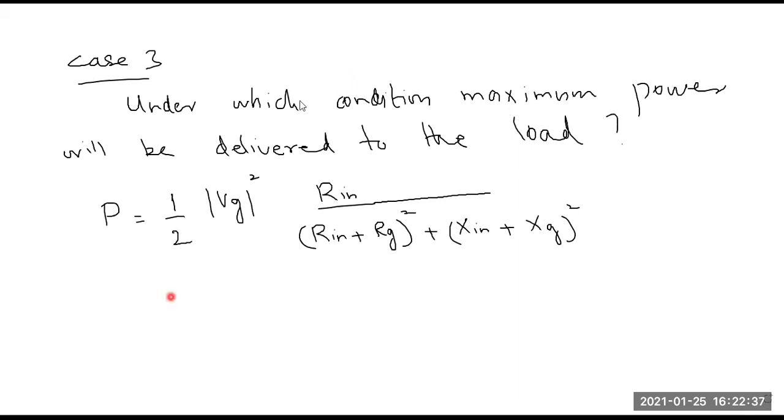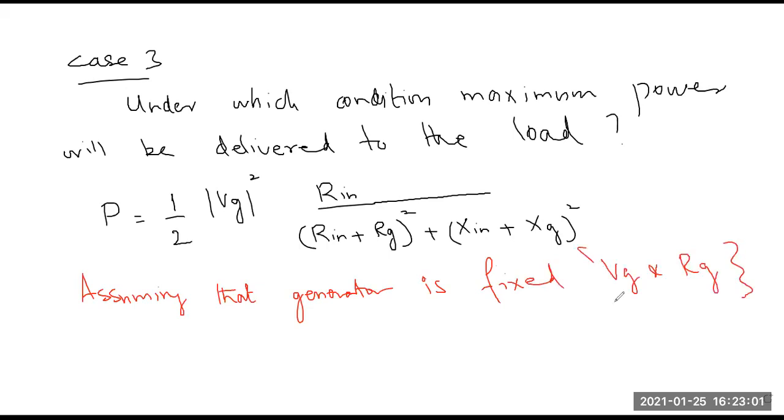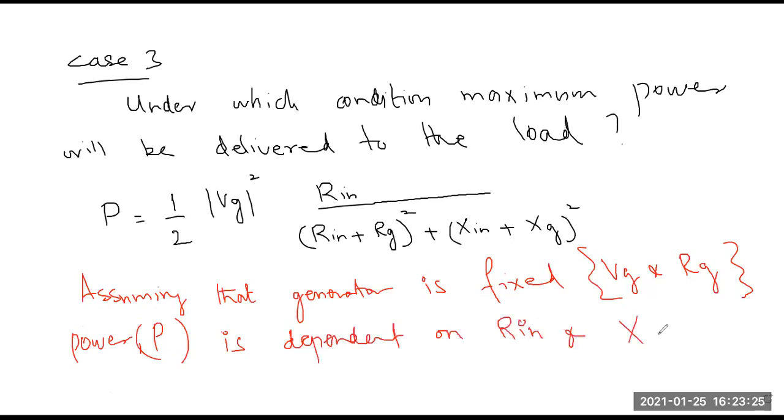So what I want to say about this case is, assuming generator is fixed, VG and RG, power, that is P, is dependent on Rn and Xn.